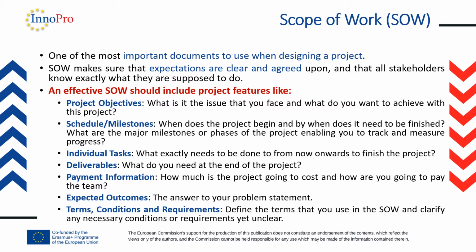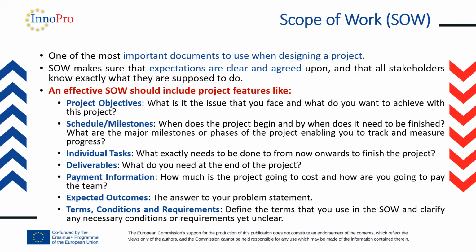When we are identifying and developing a project design, we can also use many internal project documents that will help us to design a project. One of them is the scope of work. The scope of work is a project document that usually includes features like the formulation of project objectives, schedules and milestones we would like to reach in our project.